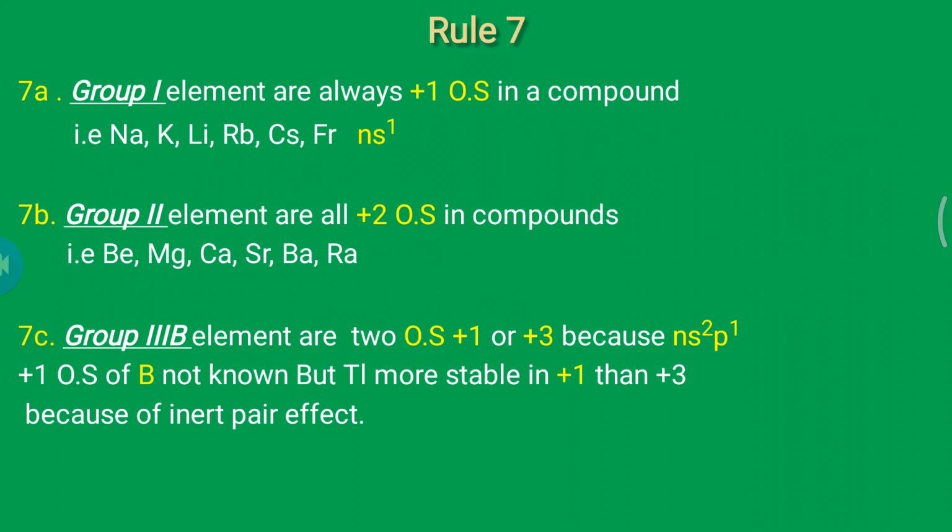So thallium has a +1 oxidation number rather than +3 because of the inert pair effect.